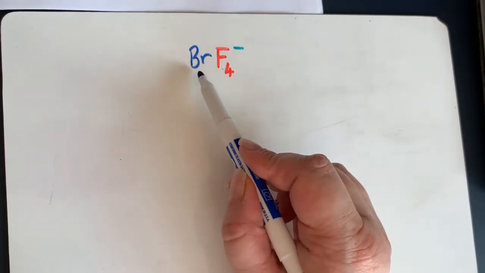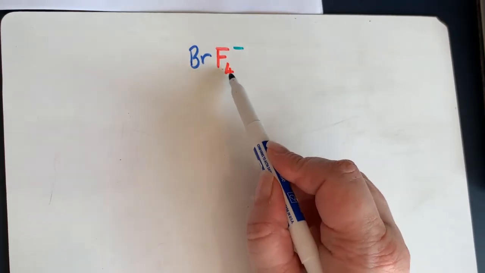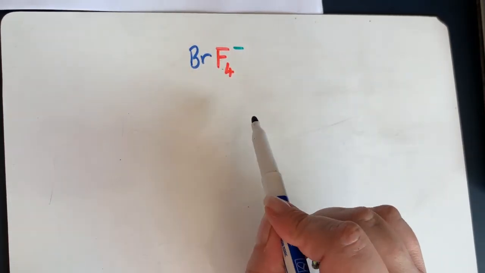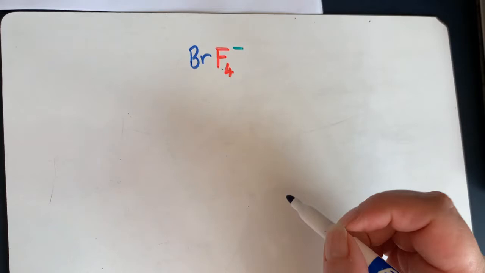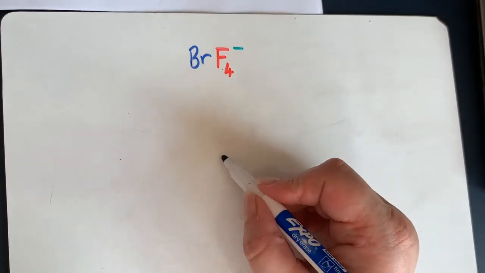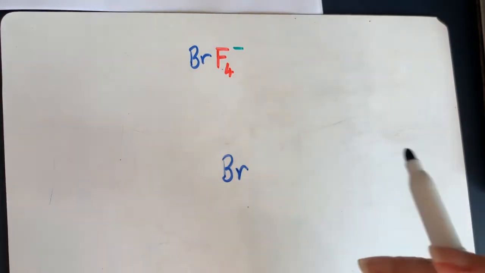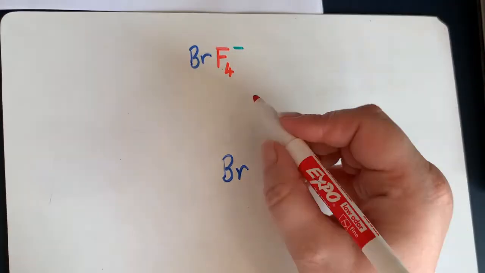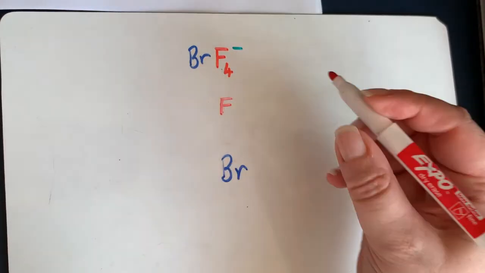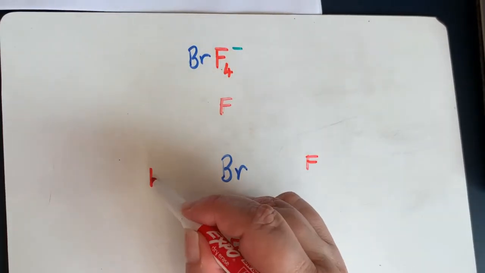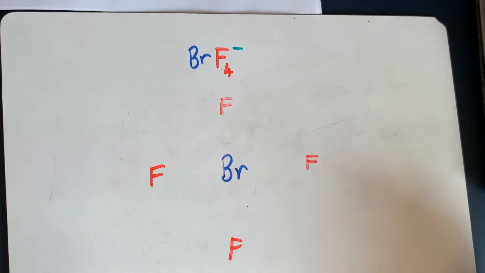We've got a halogen bonding with 4 other halogens, and it makes no sense. So all we have to do is just follow the electrons. So we've got our central atom, which is a bromine. We've got the fluorines, and we'll just spread them round about and see what happens. Our fluorines are round about.